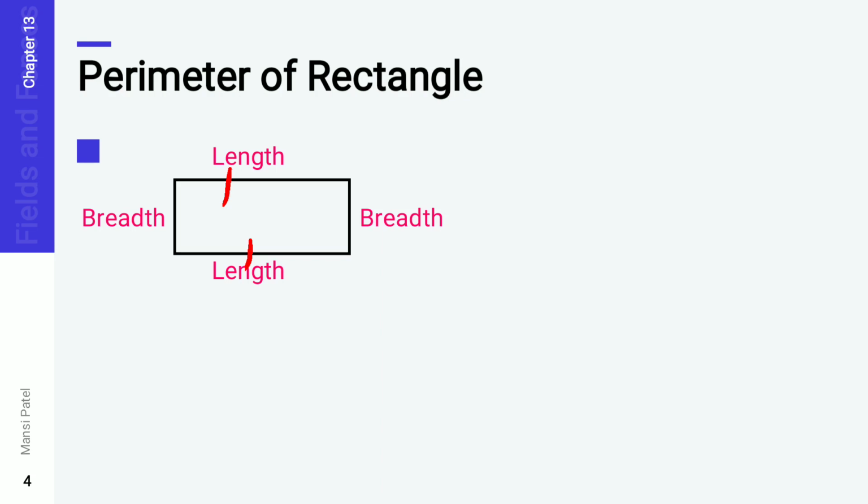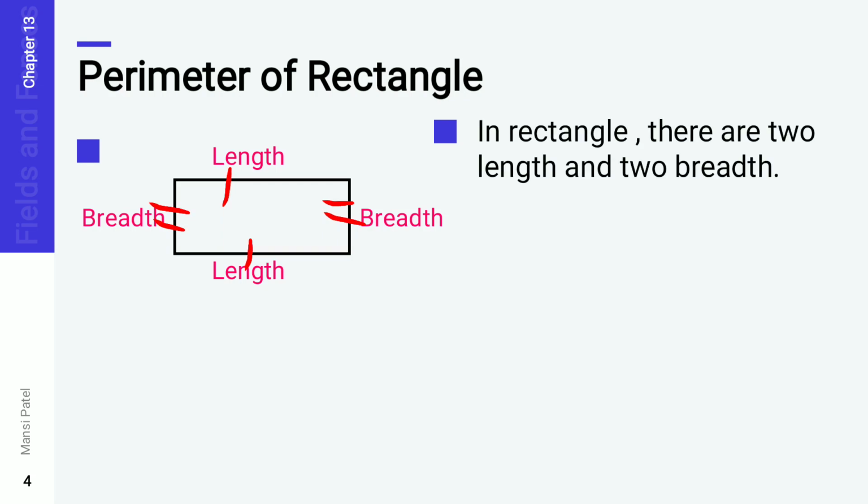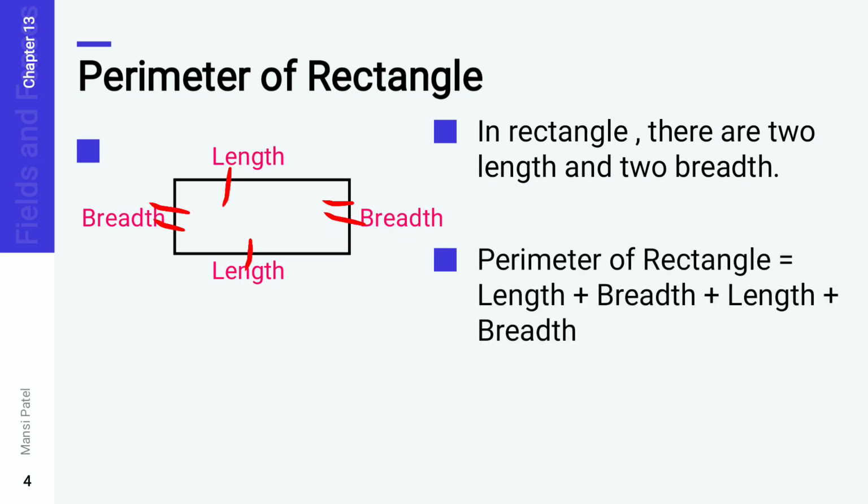So this is the breadth of the rectangle. Now if you want to find the perimeter of a rectangle, in a rectangle there are 2 lengths and 2 breadths. So what do you have to do? You have to add all the sides of the rectangle. So what does all the sides mean?